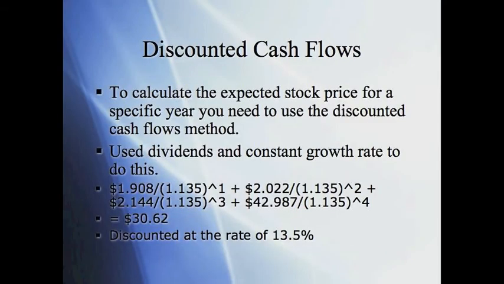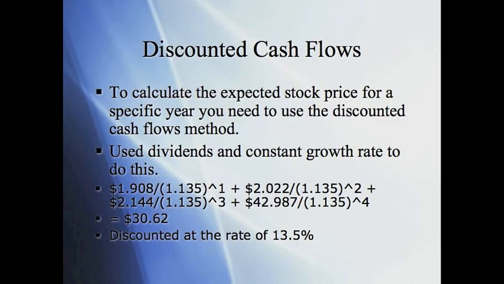As stated in the previous slide, discounted cash flows are important to calculate the expected stock price for a specific year in the future. The dividends and constant growth rate are used to do this. For example, if you look below, to find the expected stock price at the end of 1992, assuming that the stock is in equilibrium, you need to find the expected price or value at the end of each year, merely move year by year along the timeline, and calculate it.